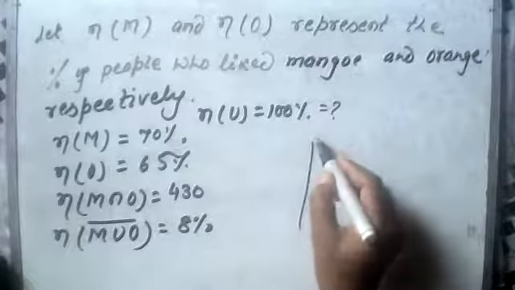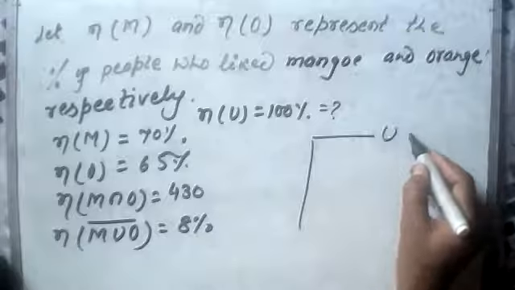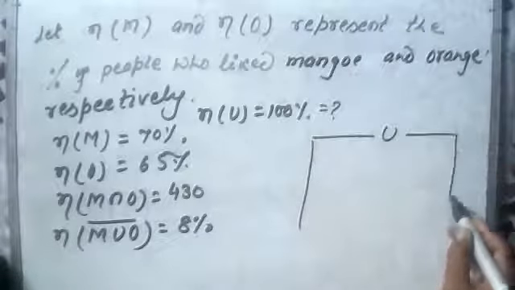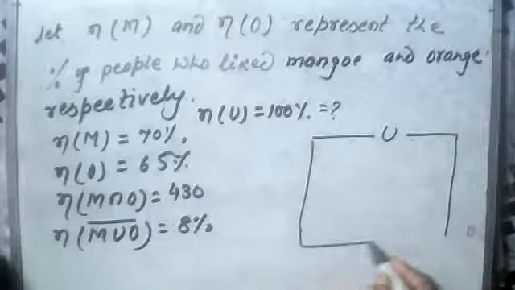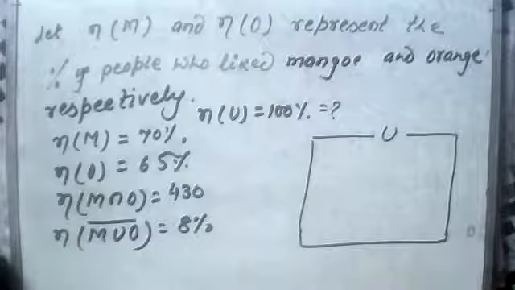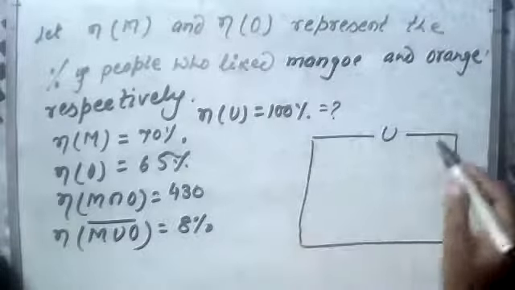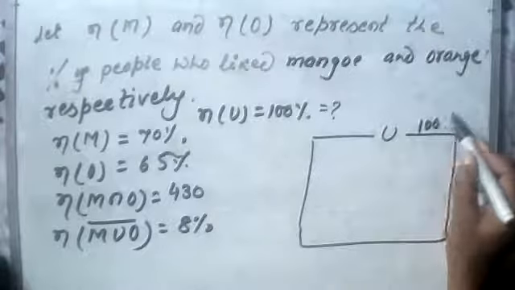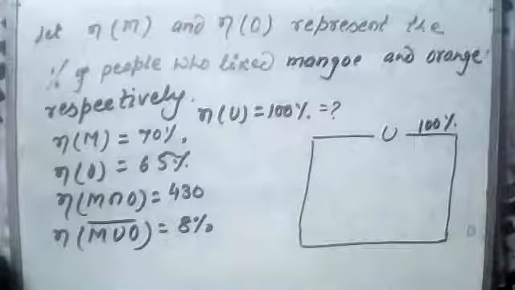Now draw the Venn diagram. This represents the total number of people who took part in the survey, the universal set, that is 100%, and the two sets, mangoes and oranges.